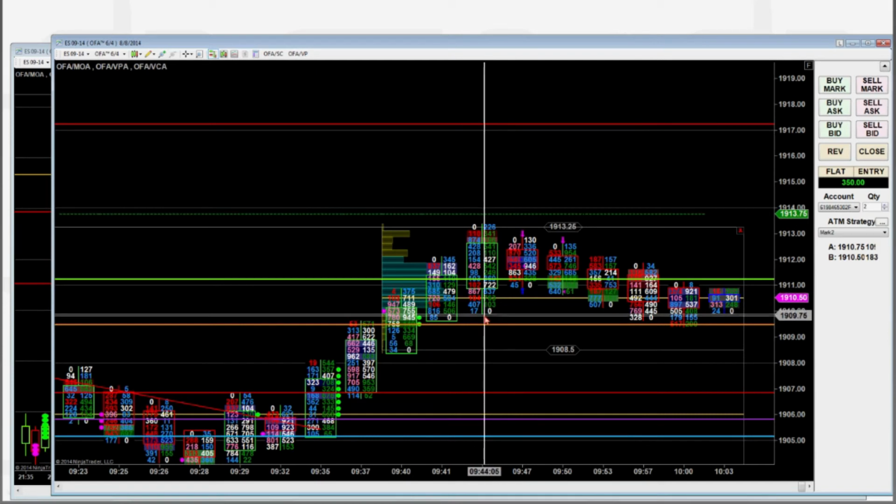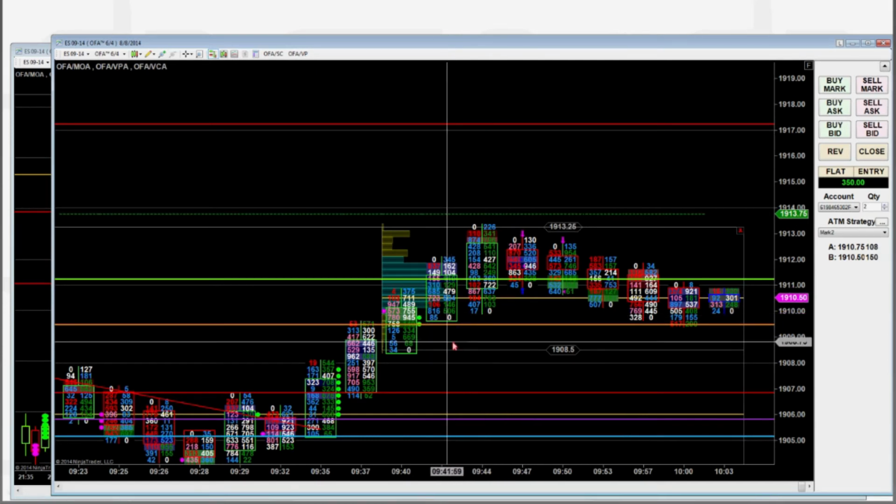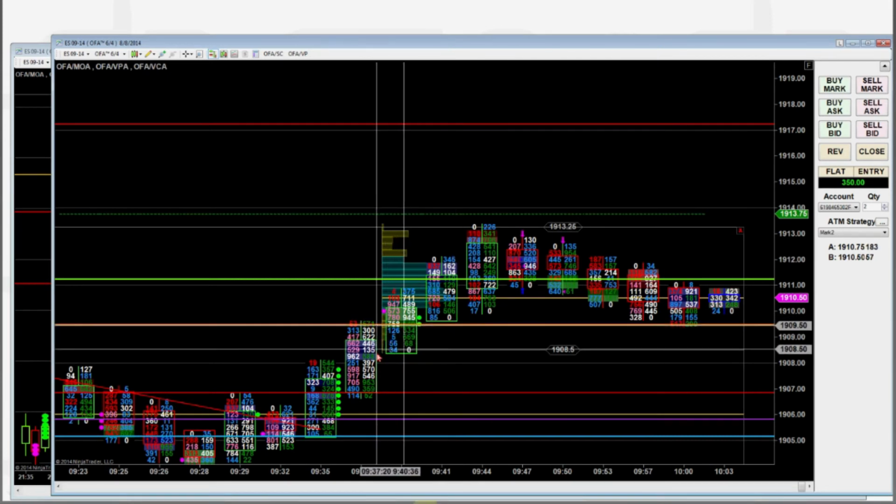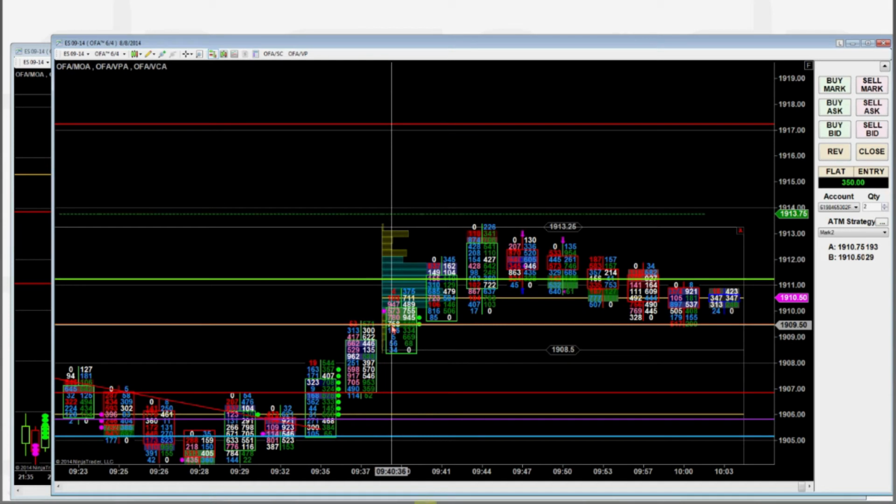So I'm looking at the profile, and I can see very, very slight interest below opening swing high, right there at 1909.50.